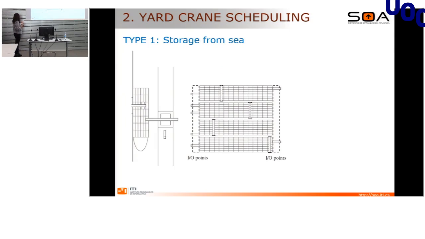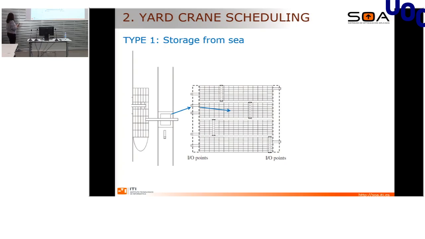So type 1, storage from sea. The container arrives at the port, and then from the berth or the quay crane, with an automated vehicle, the container is carried to an input-output point.